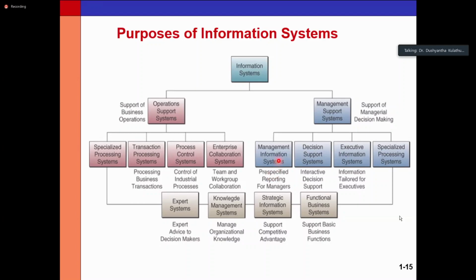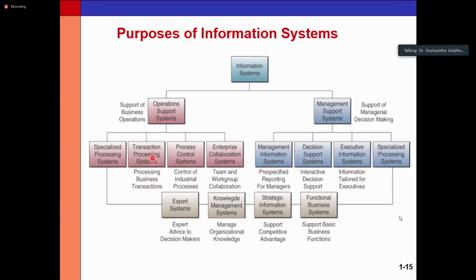We are focusing on a broader aspect, covering different areas under the course. Here we are focusing on a specific information system providing pre-specified information for managers. So what is performed by each category is given below.